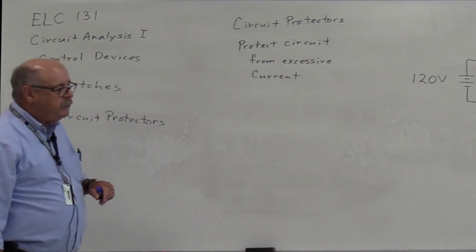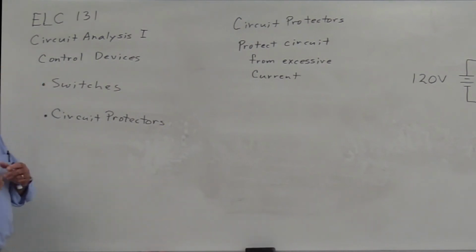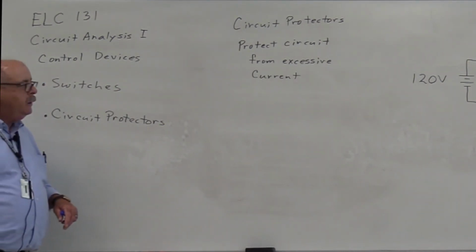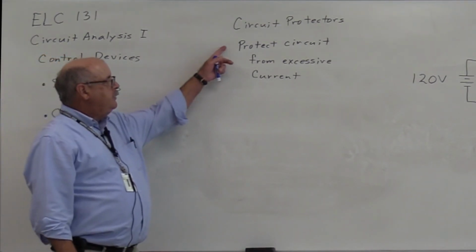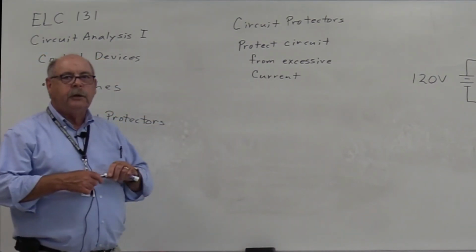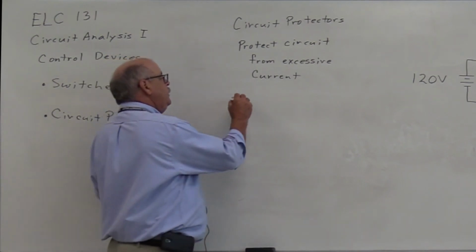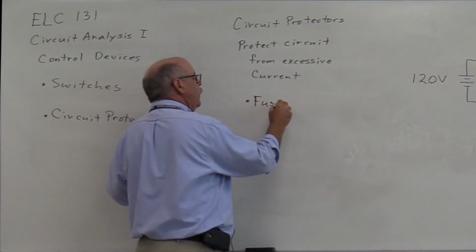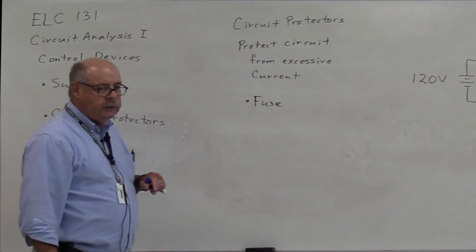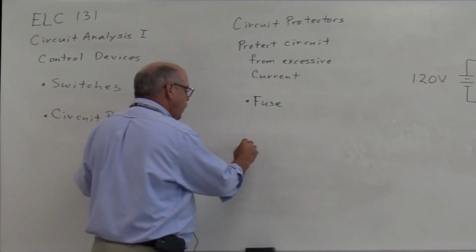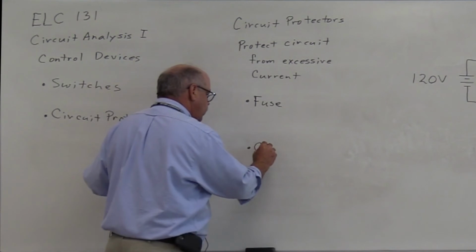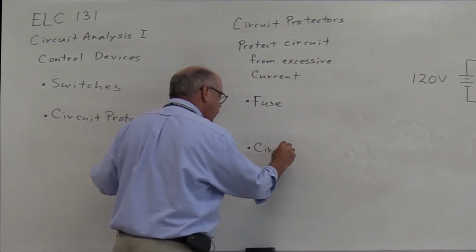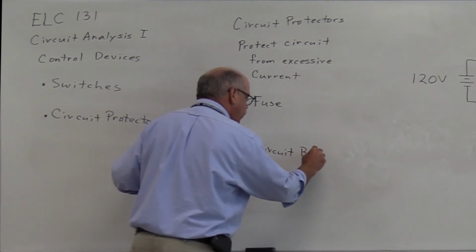That's the purpose of these devices, is to protect the wiring and or the devices in the circuit from excessive current flowing through the circuit. And these circuit protectors are in two categories. One, of course, is a fuse, and the other is a circuit breaker.